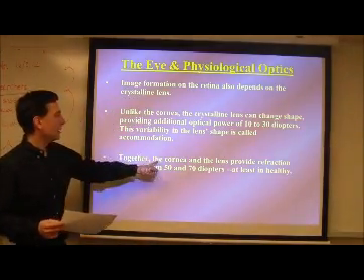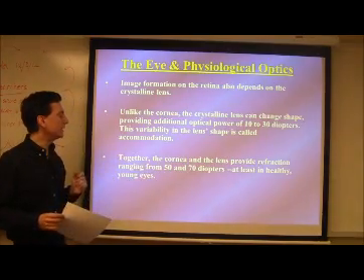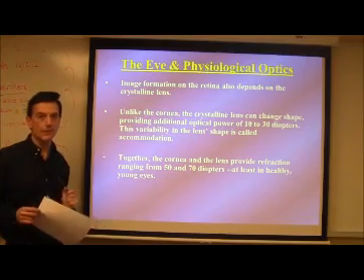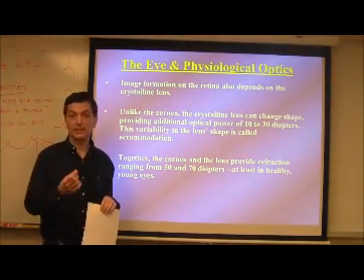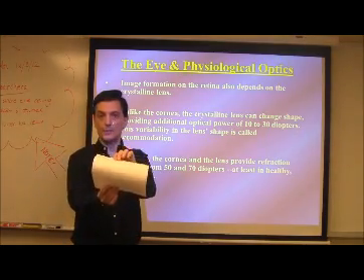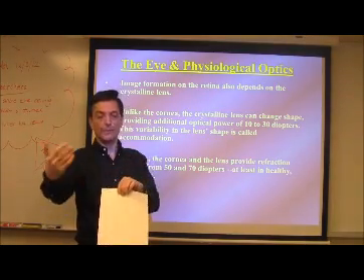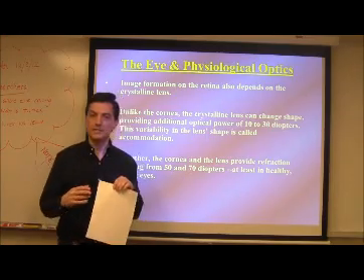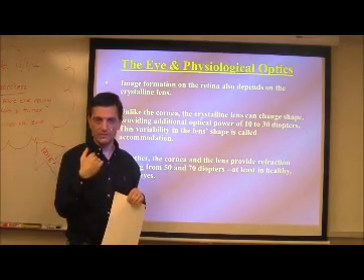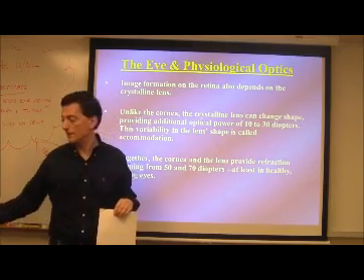Together, the cornea and the lens provide refraction ranging on the order of 50 to 70 diopters, at least in healthy young people like you. So we get some refraction that happens from the cornea, that's a constant, and then we get this variable accommodation, the ability to accommodate or to tend to different kinds of refractive needs as you're looking at things that are relatively close to you and things that are more distant from you.